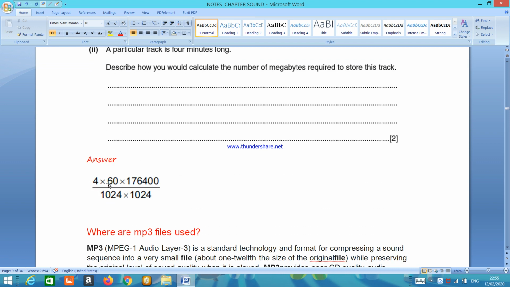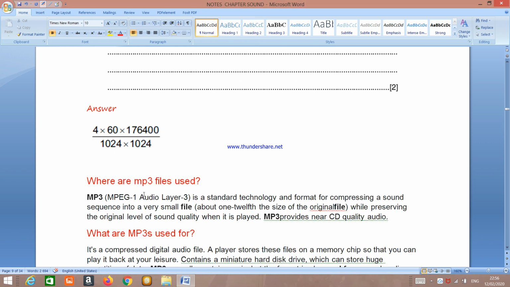So how long do we want this sound? 4 minutes. So 4 minutes is converted into seconds. 4 times 60 times the number of bytes. We divide by 1024 to get the answer in kilobytes. We divide by 1024 again to get the answer in megabytes.